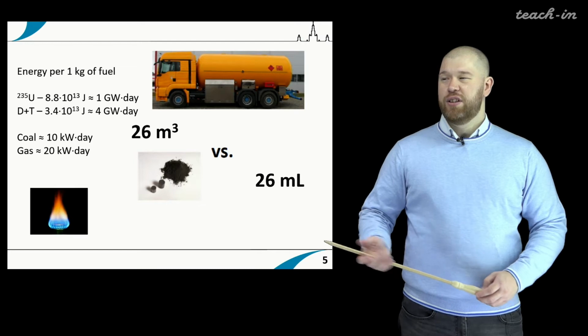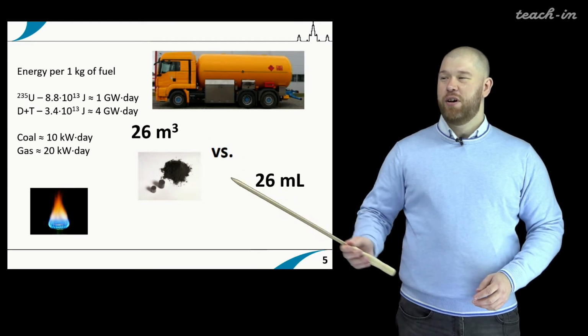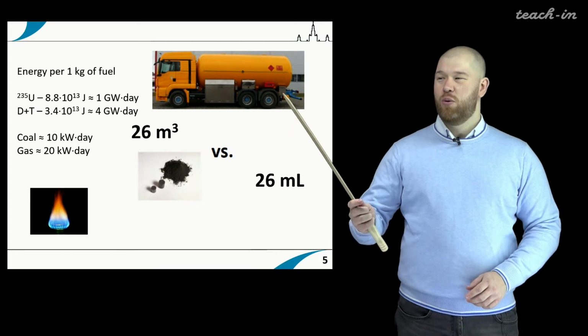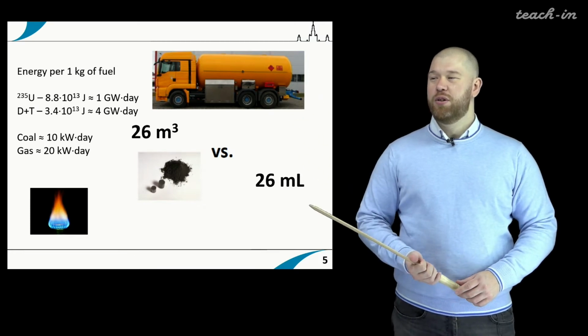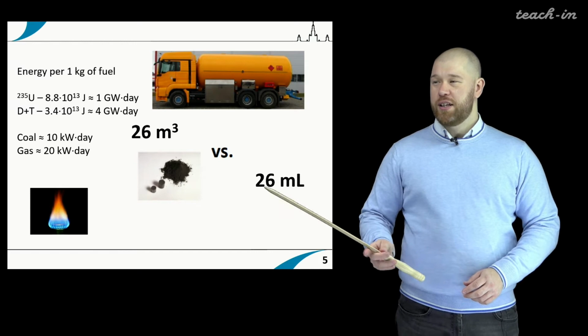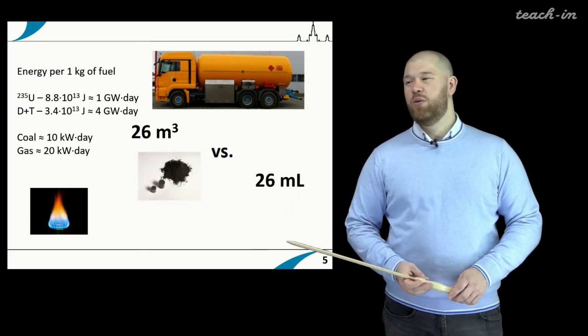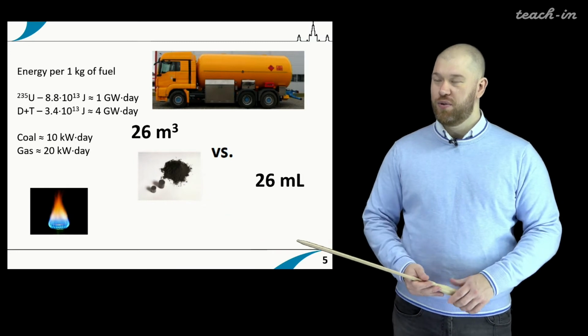And this is a simple comparison: 26 cubic meters of gas will produce more or less the same amount of energy as 26 milliliters of the nuclear fuel.